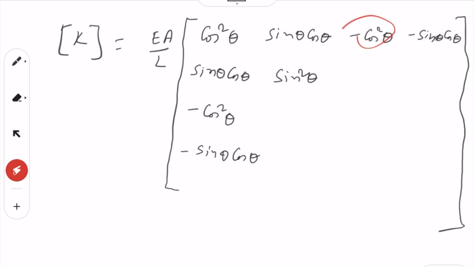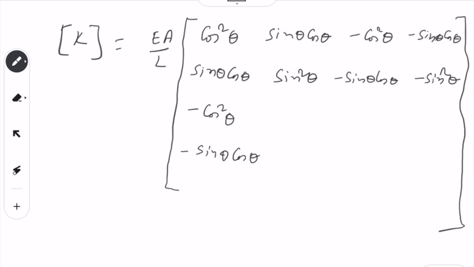This is the force balance we did. I am telling you how to memorize it, very easy basically. So if you have this value, there has to be a minus sign here, this value is minus of this. So we write minus sin theta cos theta, minus sin square theta.